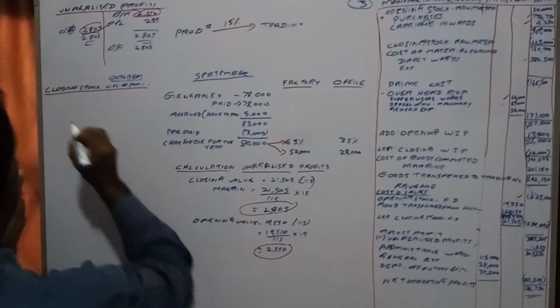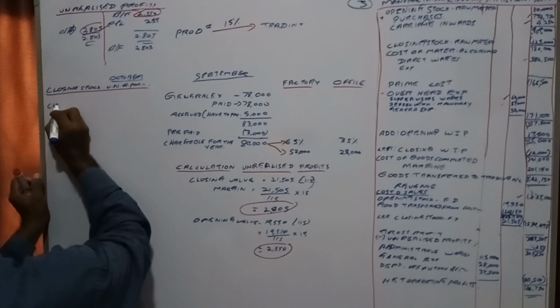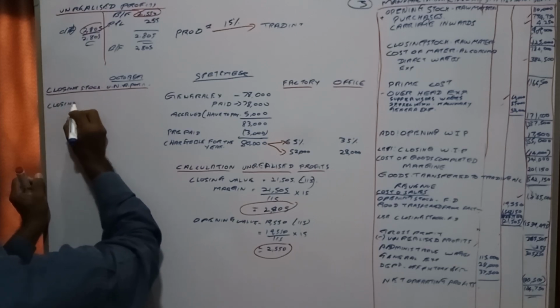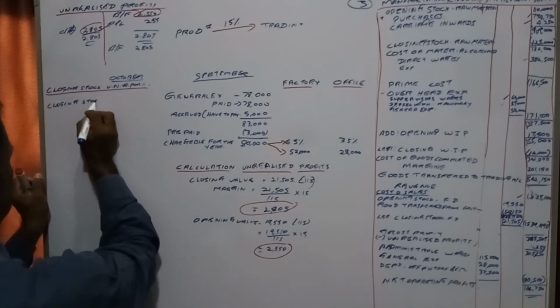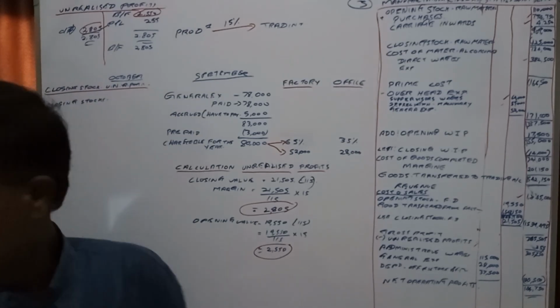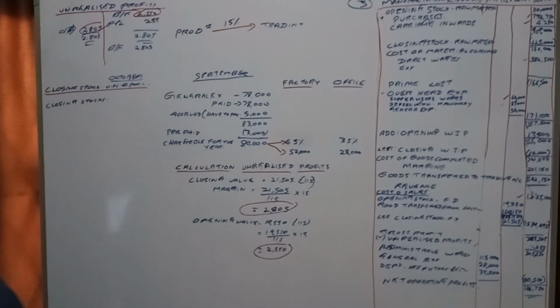Closing stocks would be how much? 18,400.